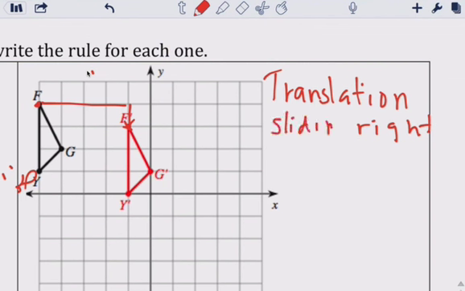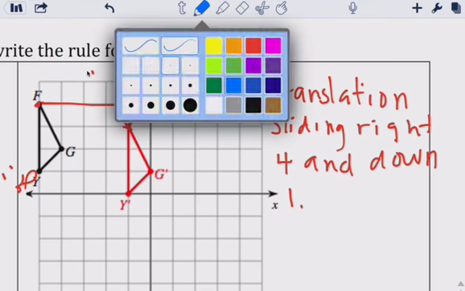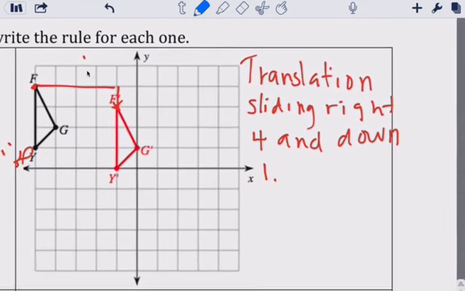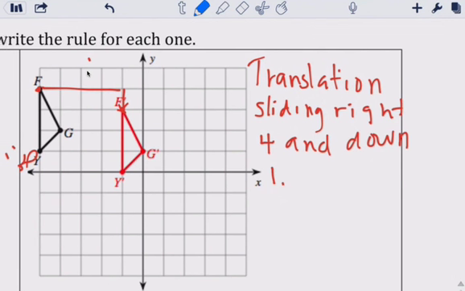Sliding right 4 and down 1. Okay? You don't have to use horizontal or vertical. If you want to use horizontal, you would say translation sliding 4 horizontal and -1 vertical.